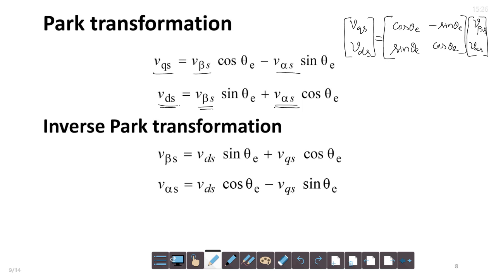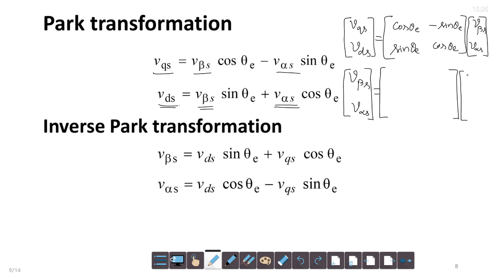If you take the inverse transformation, it will give V beta S and V alpha S. It can be obtained by getting the inverse of this transformation, or by resolving the components also. Either way it can be done.